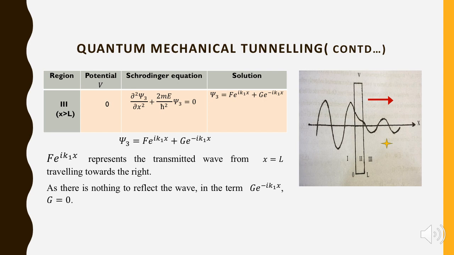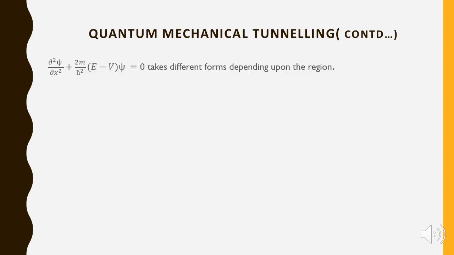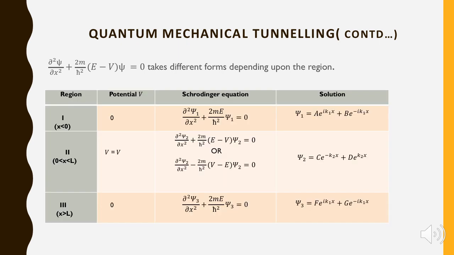So in the term g e^(-ik1x), g is equal to 0. Hence ψ3 is equal to f e^(ik1x) alone. So, depending on the region, the Schrodinger equation takes different forms as shown here.